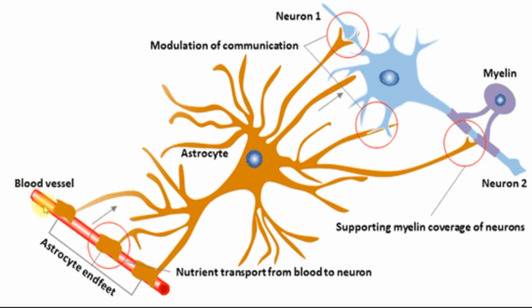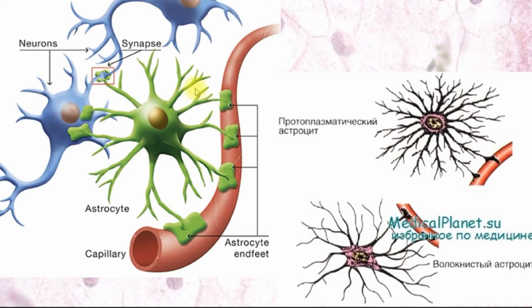They provide selection of substances which may pass through this barrier. So blood cannot freely enter the tissue of the brain or spinal cord, because there are astrocytes, and they filtrate substances which are going to neurons. These are the main functions of astrocytes. And here we can see neurons and astrocytes.